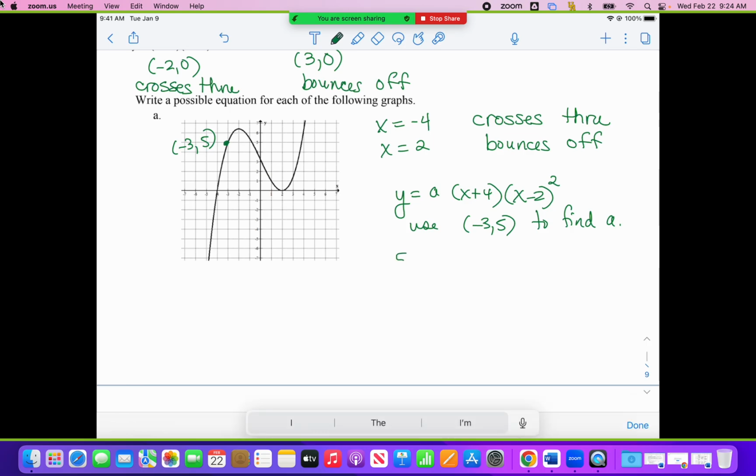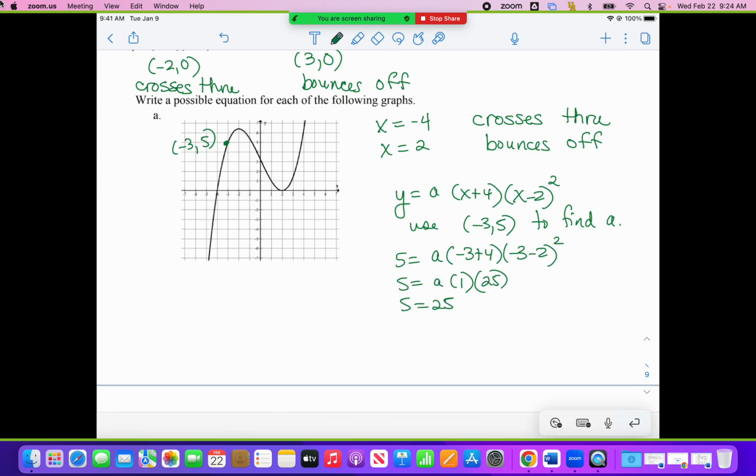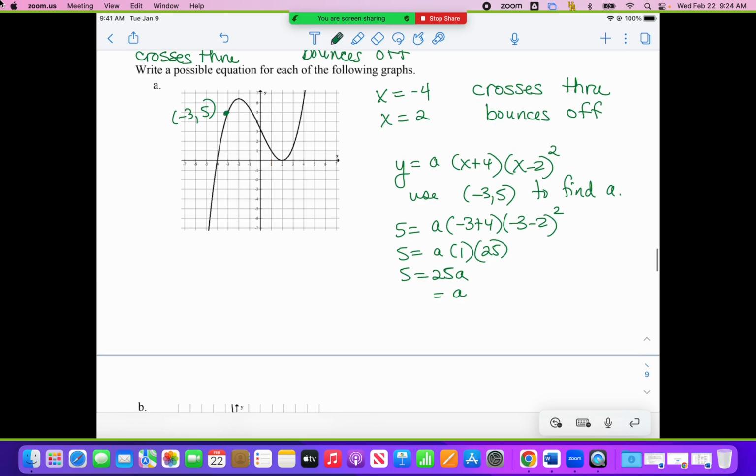So here we go. I'm going to go 5 equals a times the quantity, negative 3 plus 4, negative 3 minus 2 squared. Now that's negative 5 squared, which is 25. So, Drew, what did you get for a, or what can you get for a now? 5. Is 25 times 5 equal to 5?